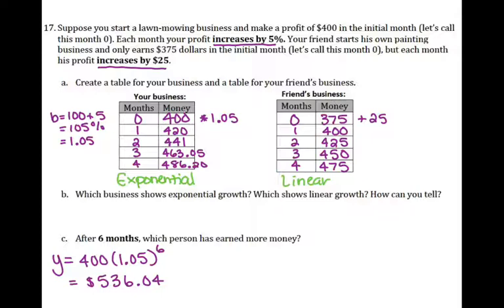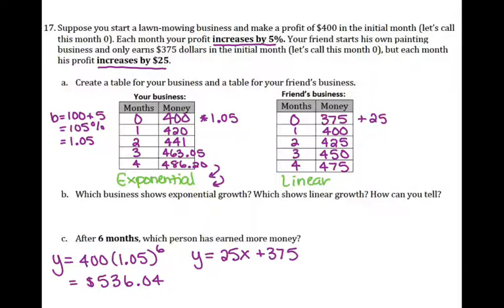Or you can always continue the table. I can keep going until I get to the 6th month if you don't want to figure out the equation. Same thing with the linear function. I can write the equation. It is linear, so it's slope-intercept form, which is mx plus b. m is what you're adding each time, which is 25. And b is your initial value, which is 375.